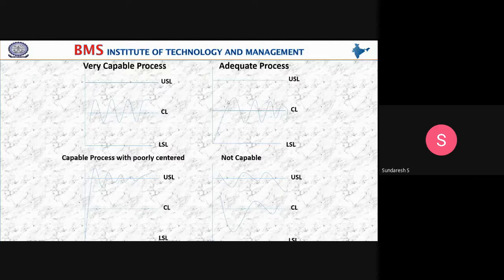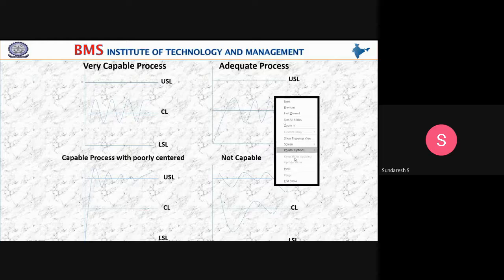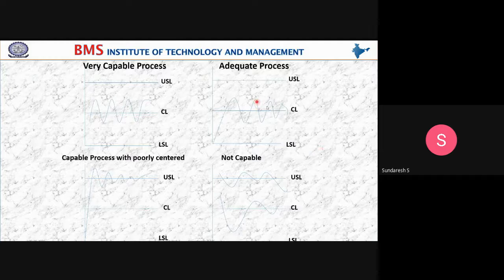Next comes the second one, you can see over here. This is what we say is an adequate process. See what's happening here. The process is not capable, but of course it is within the specification limit, yet you are not getting the product you expect. Output is not uniform. There may be random variations in the dimensions and the distribution of the product dimensions.